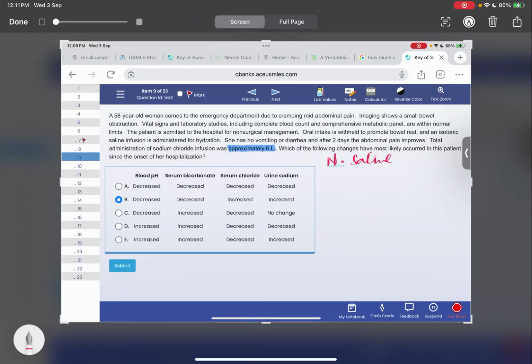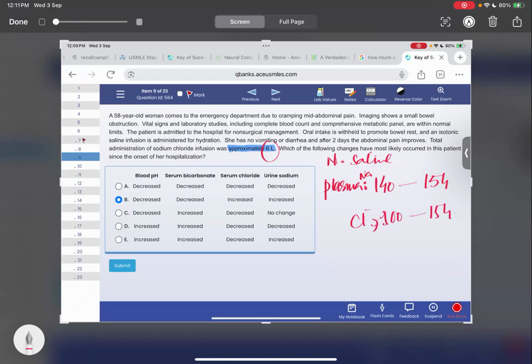If we infuse that much normal saline, what will happen to the plasma levels of sodium and chloride? Sodium goes from 142 to 154. This is for sodium. And chloride goes from 100 to 154.